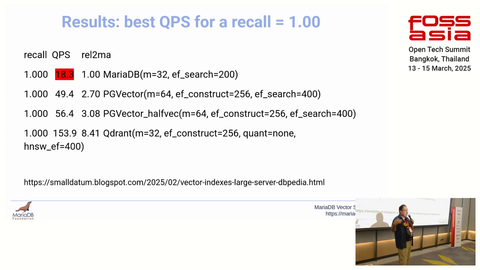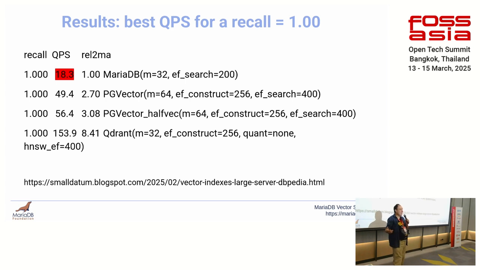For PG Vector, what it took to get the same thing was an M value of 64 and an EF search of 400. This shows that across implementations, different values are needed to get the same results. So sure, we're admittedly slower than PG Vector to get that 100% mark.